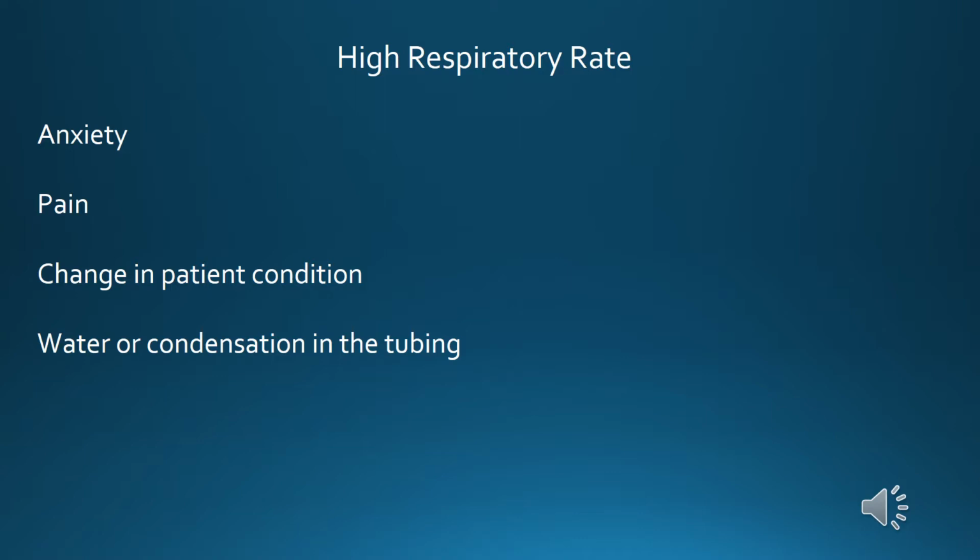And if you fail to drain the water in the tubing, the condensation, that sloshing, everybody that's walked by an ICU ventilator has seen that water sloshing in the tubing, that can trigger the ventilator to double or triple with each gurgling of the water, and that can cause a false high respiratory rate.